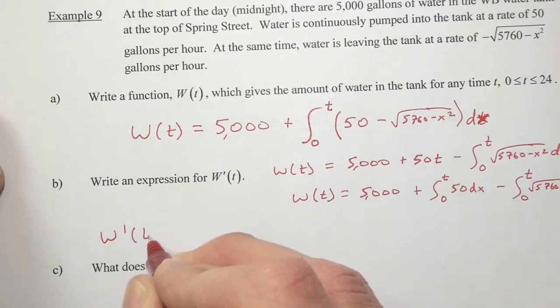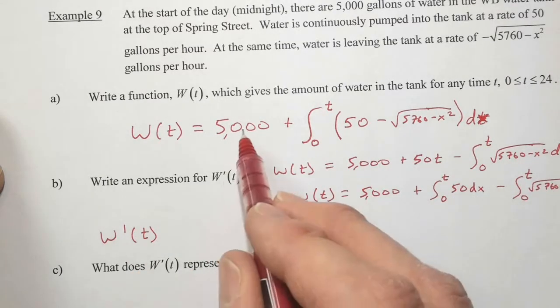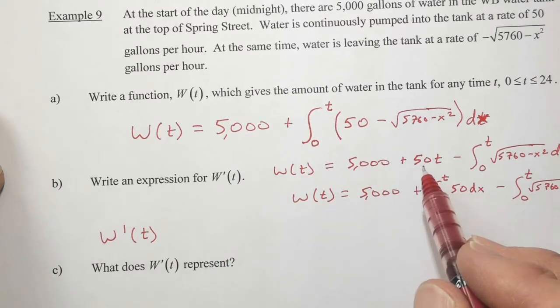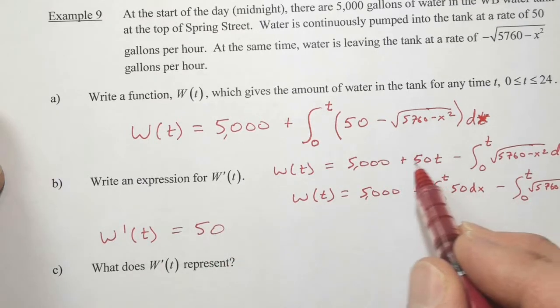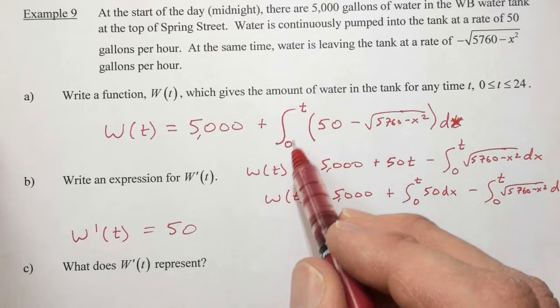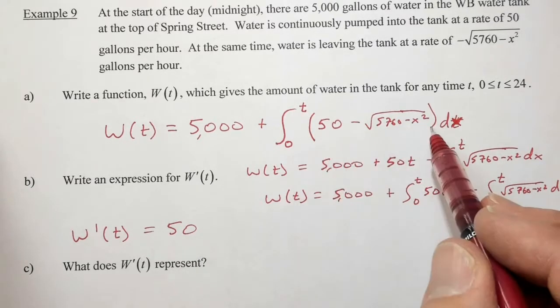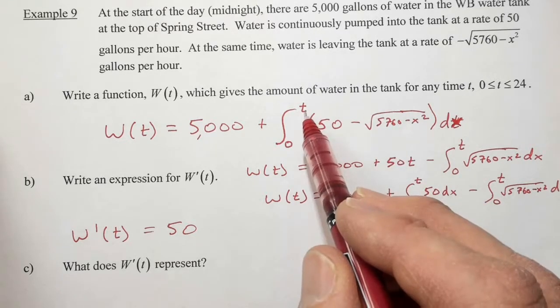This ends up being rather easy. We have to derive any one of these expressions. Well, what's the derivative of 5,000? Exactly, it's nothing. What's the derivative of 50t? It's just 50. But even if you don't use this expression right here, you can use the top one. And we know that when we derive this accumulation function, all we're going to do is keep the integrand, but replace the variable that we see here with the variable that we see there.